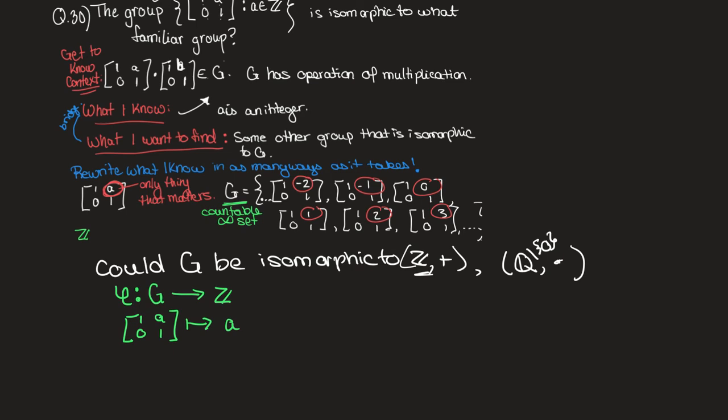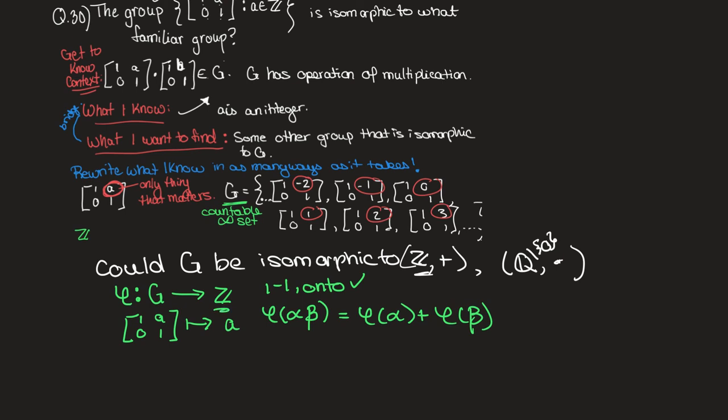It has to be 1 to 1 and onto. That should be pretty clear, but for it to respect the operation is maybe a little bit more questionable. I have to show that phi of alpha times beta equals phi of alpha plus phi of beta. Notice I'm using plus because over in Z, the operation is plus.